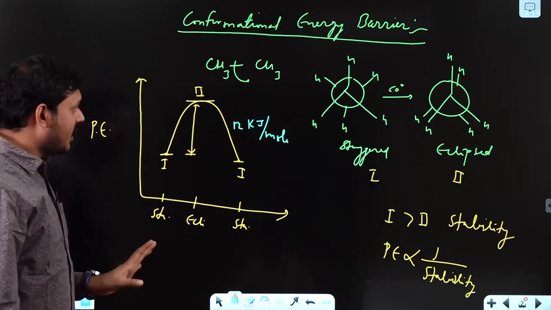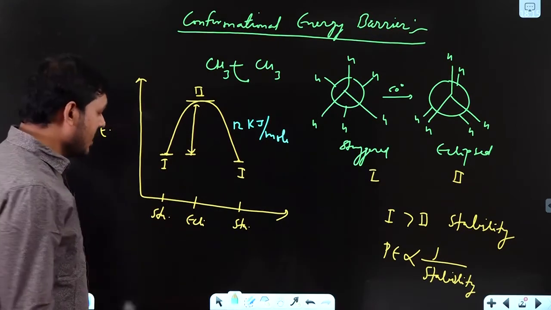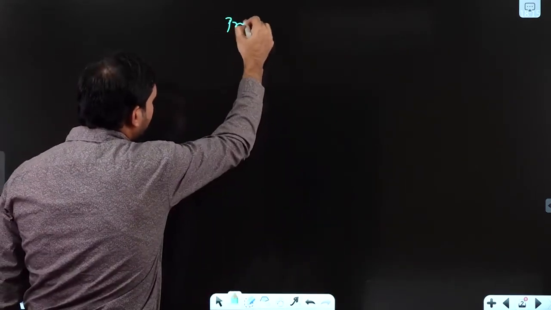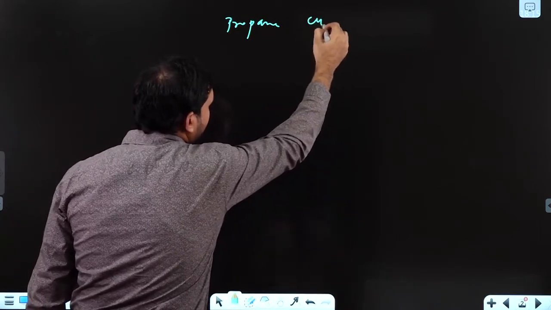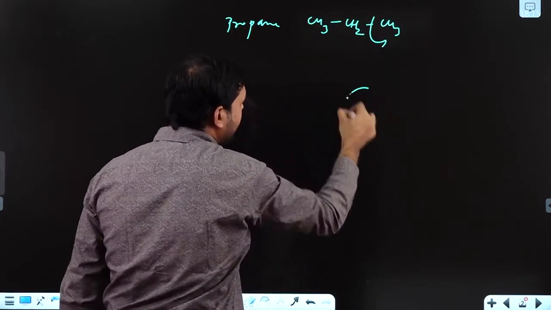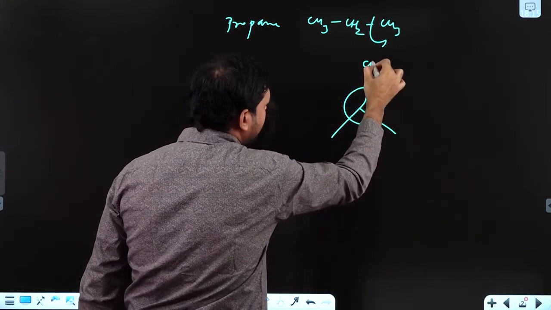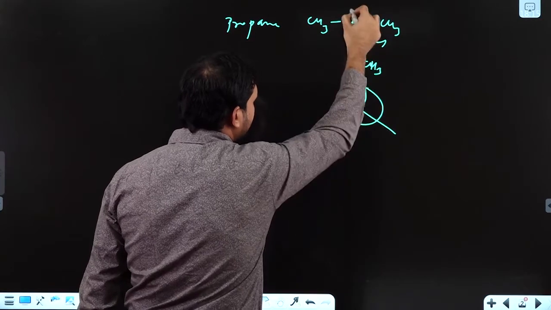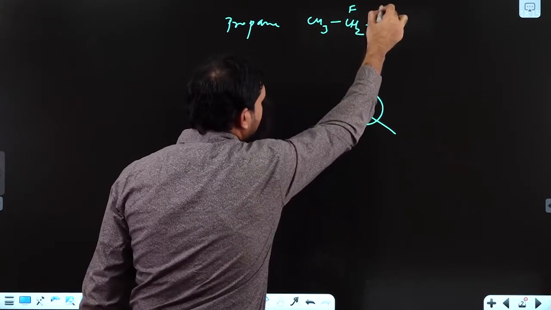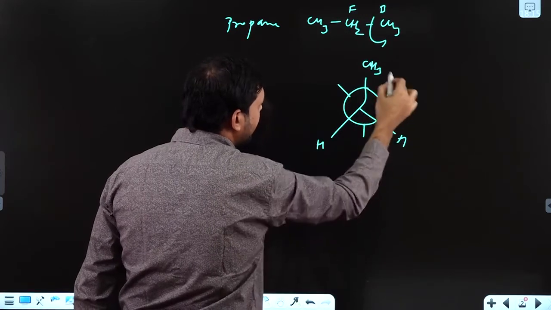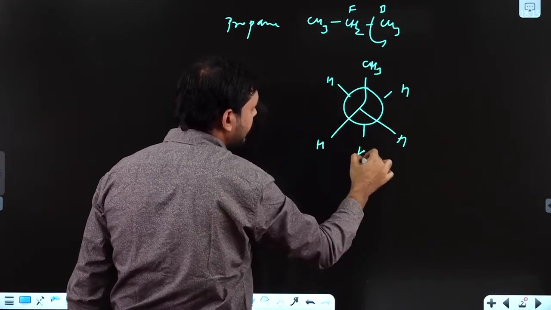Clear? So again, if I take another case, propane. In propane, CH3, CH2, CH3, across this carbon, you can draw this carbon having CH3. Suppose this is the front carbon and this is the back carbon: CH3, H, and the back one is having 3 hydrogens, right?